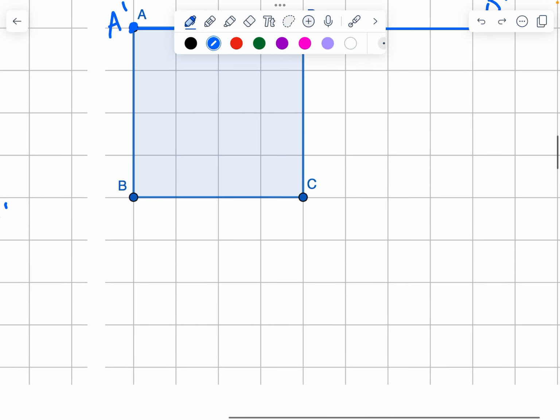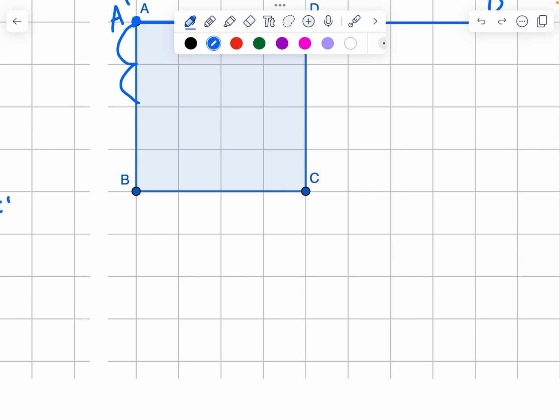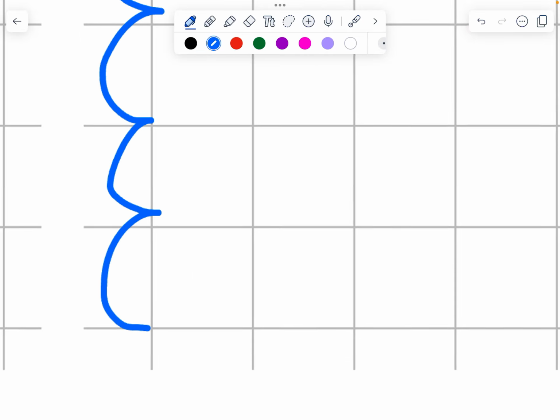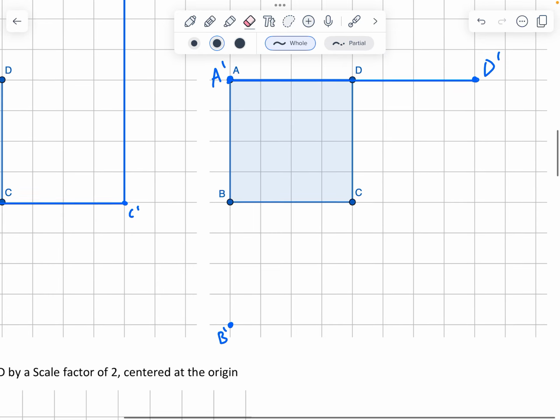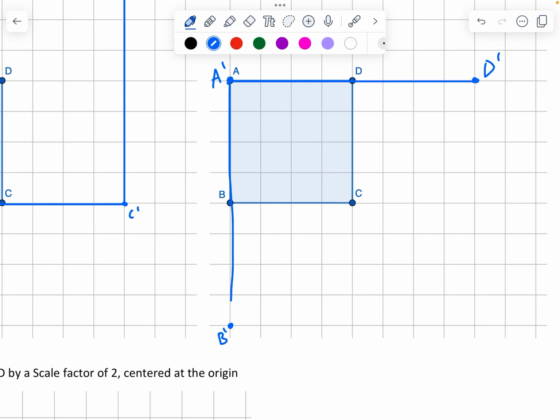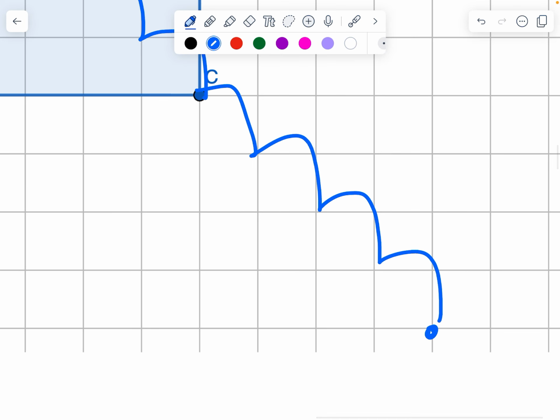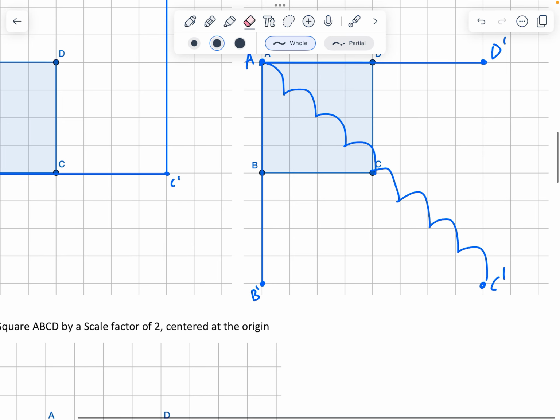We can do the same thing for B. We've got 1, 2, 3, 4, 5, 6, 7, 8. And finally, if we do C, we've got 1, 2, 3, 4, 5, 6, 7, 8, and C prime will be down here.